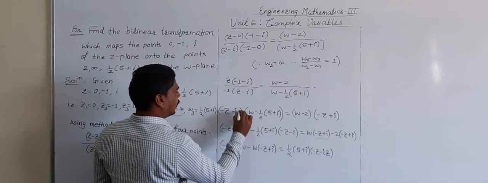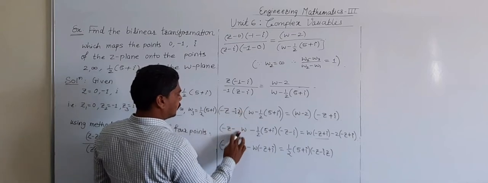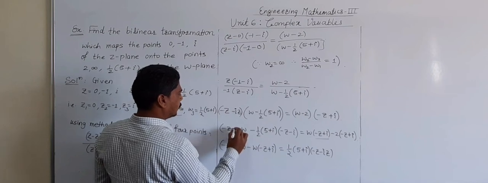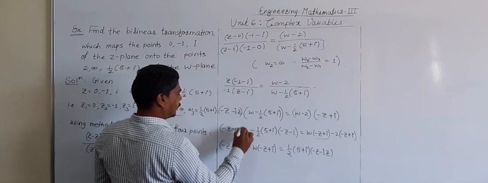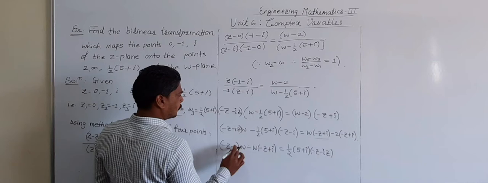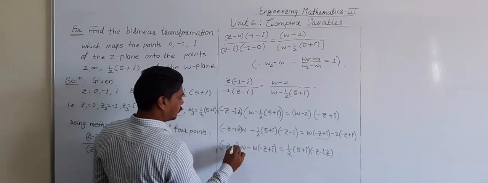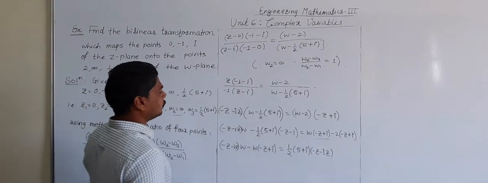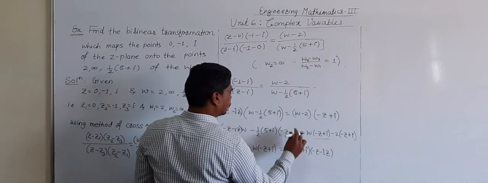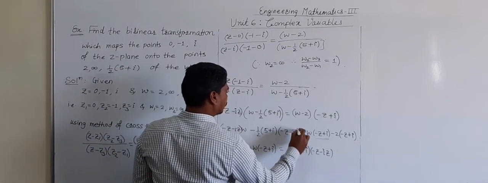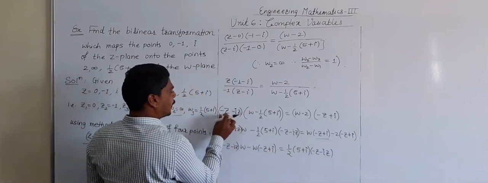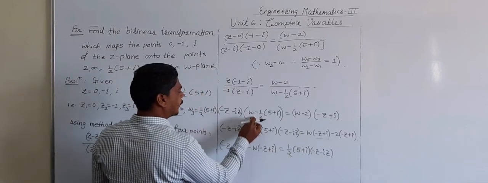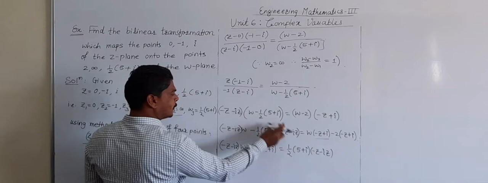So iz, so this becomes iz. There is also iz. Okay, multiplying this minus z minus iz inside the bracket, that means to w as well as this term.